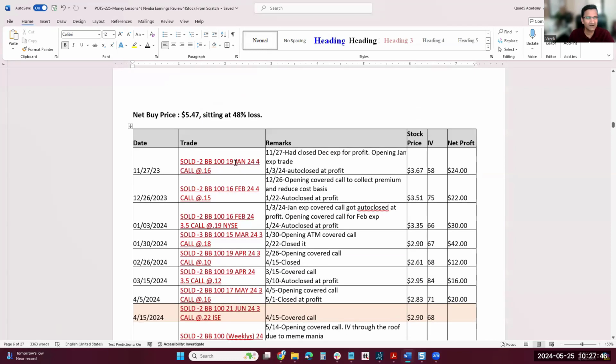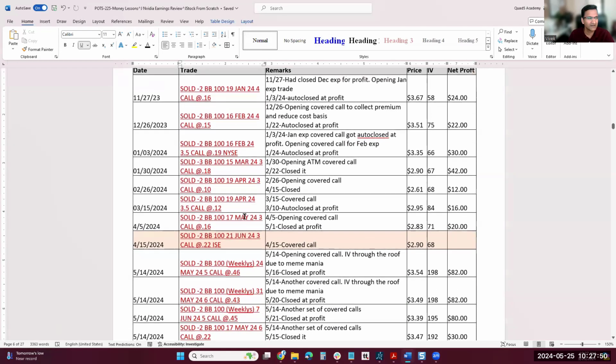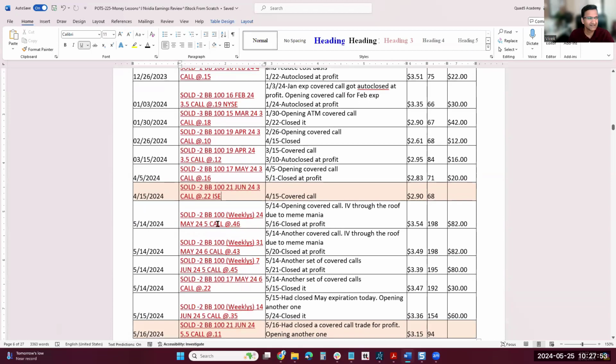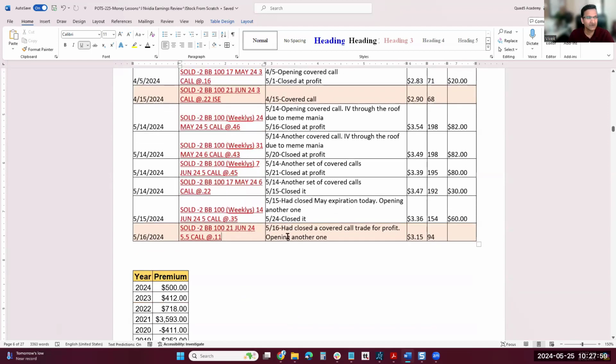If you look at it, I had like always a 9th: Jan, Feb, March, April, May, June. May, oh, these are May because I did a lot of Mays because of this meme mania. Now June, and now I'm going to start putting in July. In 2 weeks, I'm going to start putting in July covered calls.